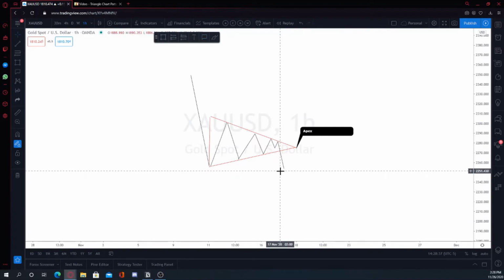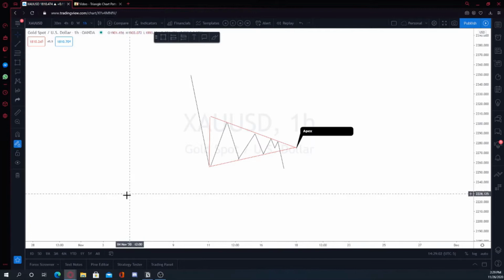It's going to be very vital that you pay attention to that apex and know where it is. The apex is the furthest to the right on the chart. It's not going to be to the left, whether you're buying or selling. Price continues moving to the right. It doesn't move to the left.